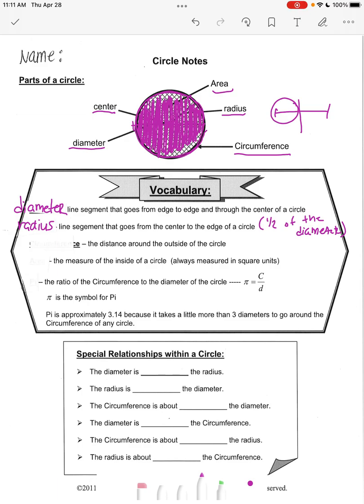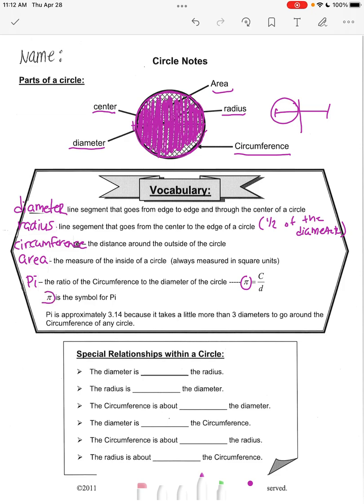The distance around the outside of the circle, that is your circumference. The measure of the inside of the circle, that is your area. The ratio of the circumference to the diameter of the circle, or this symbol right here, that is called pi.